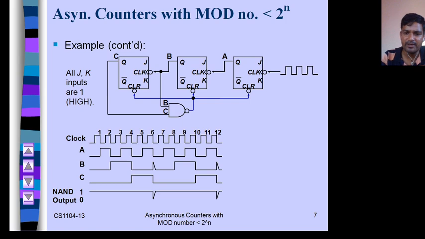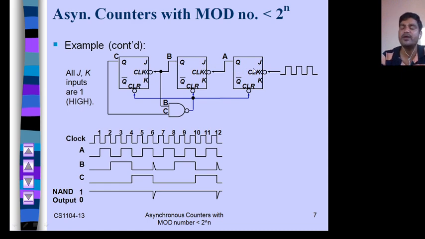So this is your LSB. Just determine the binary equivalent of 6, which is 110. So this will be 1, this will be 1, this will be 0, because I am applying the clock input this side, so this is the LSB 0. 110 means 6.